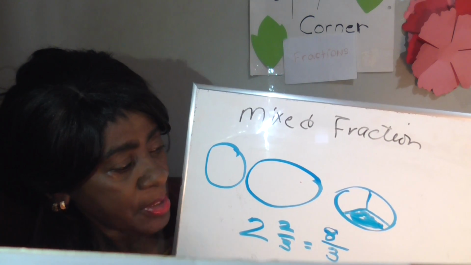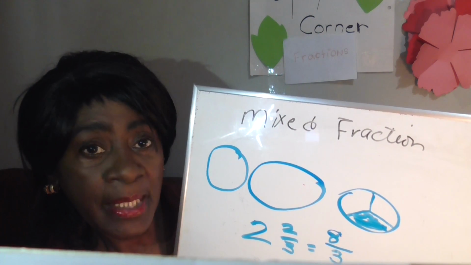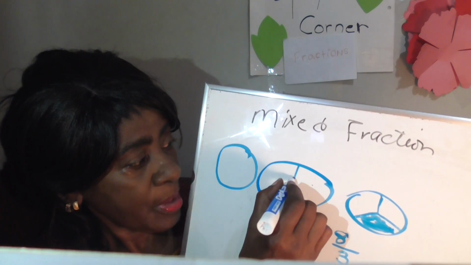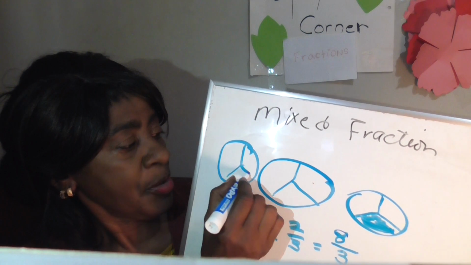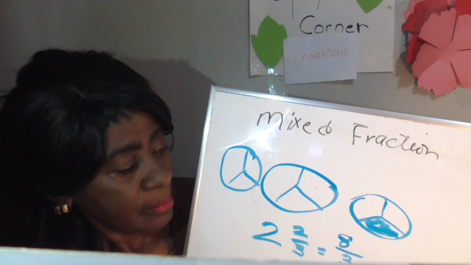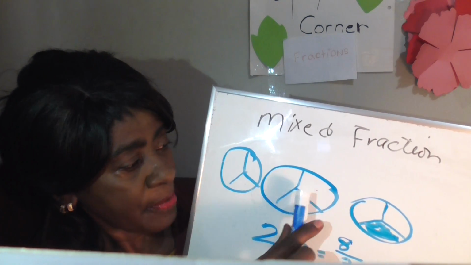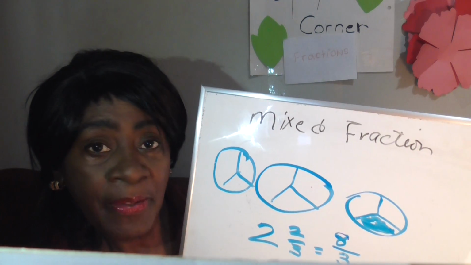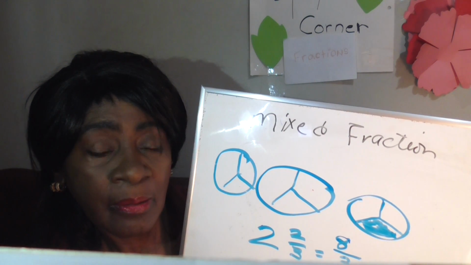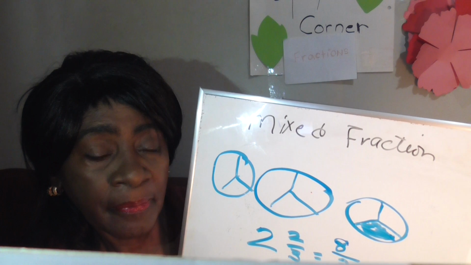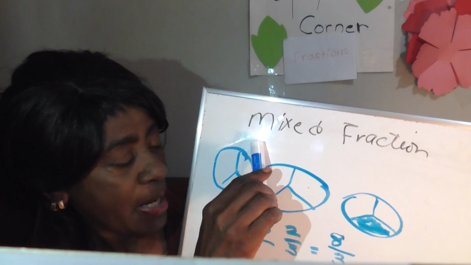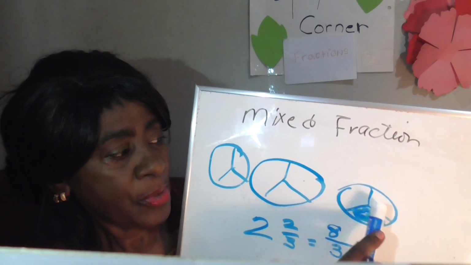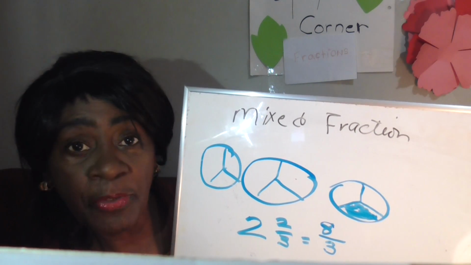The denominator stays the same. How many pieces were not taken? Well, we're talking about improper fractions, so all 3 pies are divided into 3s. 1, 2, 3, 4, 5, 6, 7, 8. 8/3 were not taken. 2 and 2/3 is 2 whole pies and 2/3 of a pie, the mixed fraction.